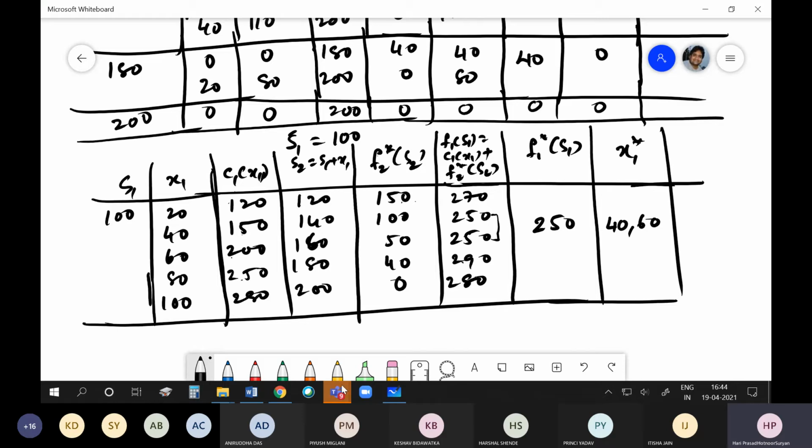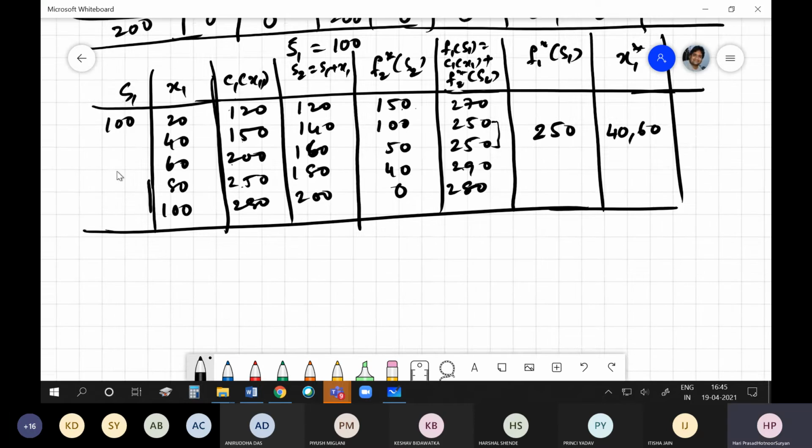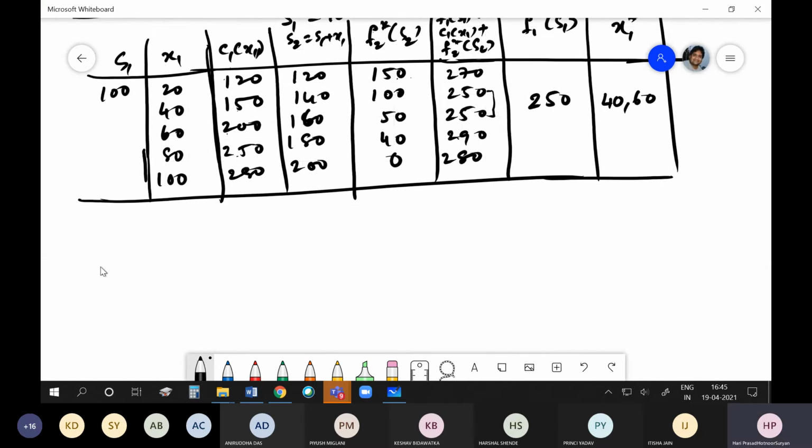Okay. So now tell me how do I go about it if X1 star is 40?